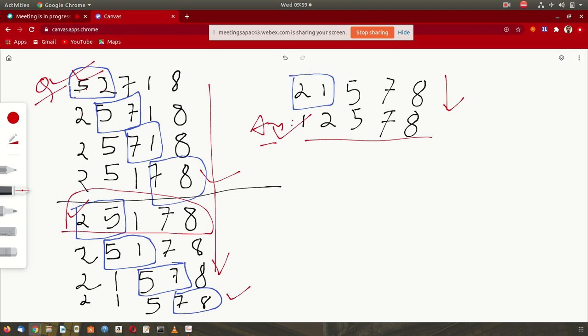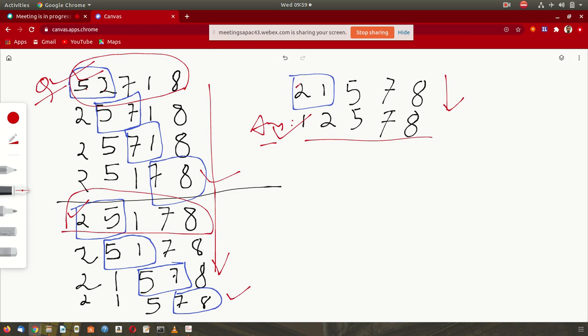I don't repeat from 52718. This is the question given. After doing some steps, I come to 25178. Now here 25178, from 2 I come to 8. After that I see that it is a wrong answer.